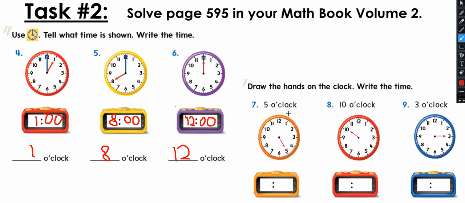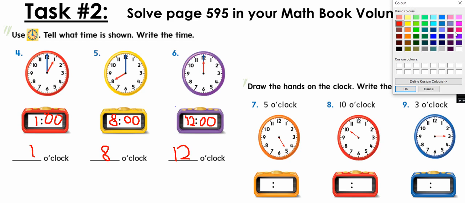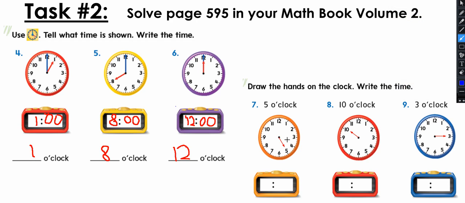Now, a clock has to be shown with the minute hand, and the minute hand should go on 12. And remember, this is the long hand, so the long hand should go all the way on the number, on the 12, because we are showing a clock.